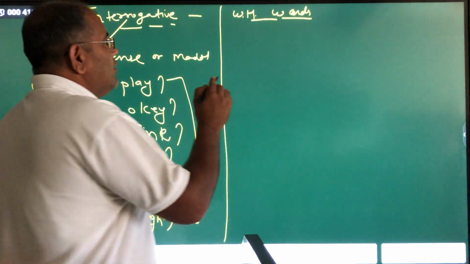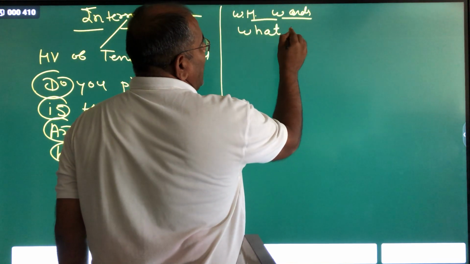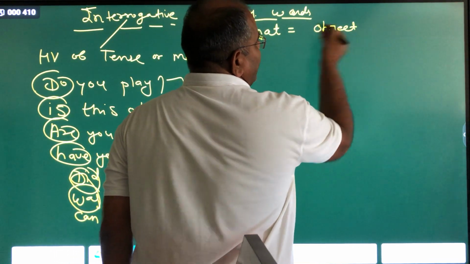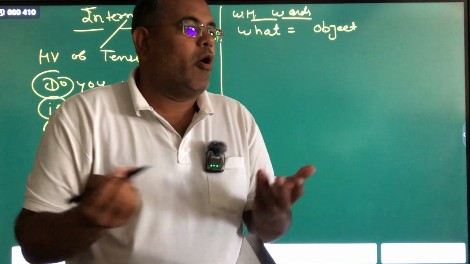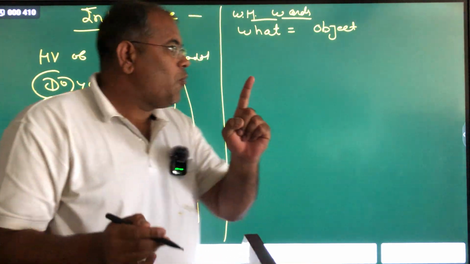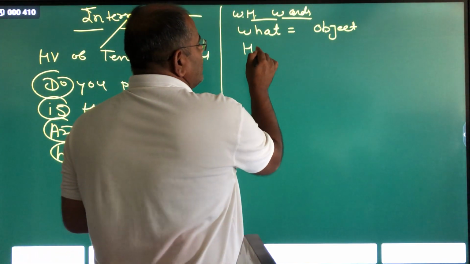For example, what. What always asks for an object name. For example, what do you eat? Mango. What do you drink? Juice. It means the name of an object is always asked by what. For example, how.